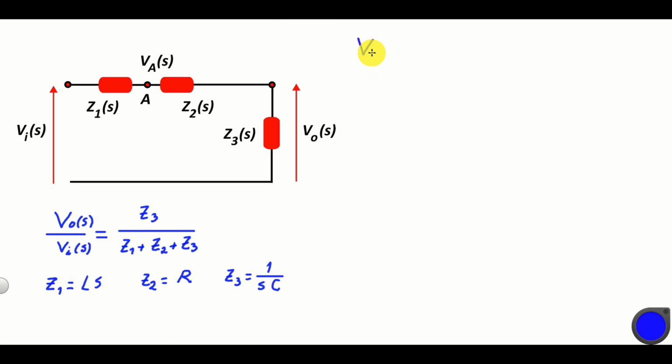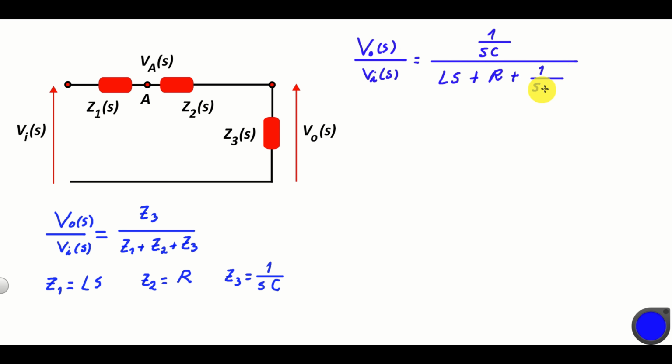We can write VO of S over VI of S, and on the right-hand side we can write the following. In the numerator, instead of Z3, we can write 1 over SC. In the denominator, instead of Z1, we can write LS, instead of Z2, we can write R, and instead of Z3, we can write 1 over SC.